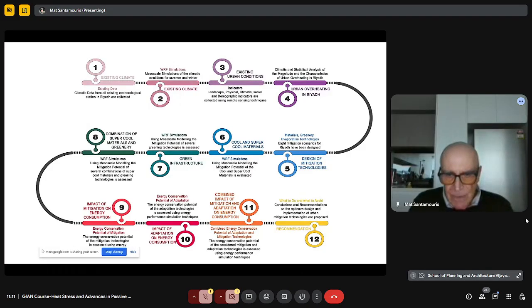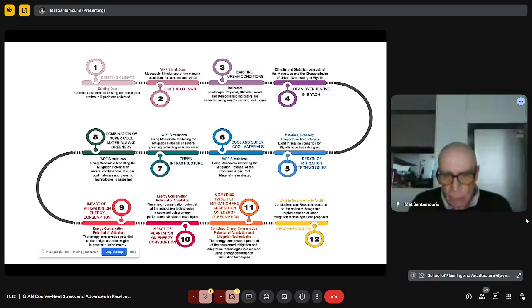Based on this, we calculated the energy consumption for each of the mitigation technologies considered, for a very high number of buildings at the city scale. So we understood the potential for energy conservation because of the heat mitigation, and also the energy conservation because of energy adaptation using advanced adaptation technologies.